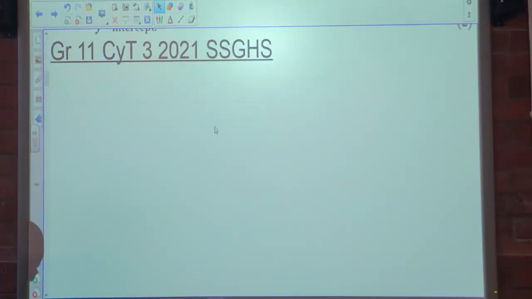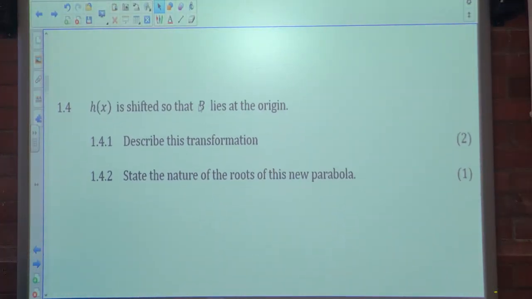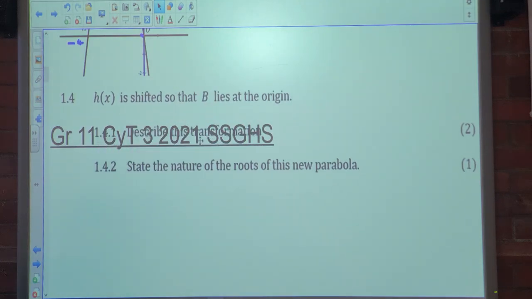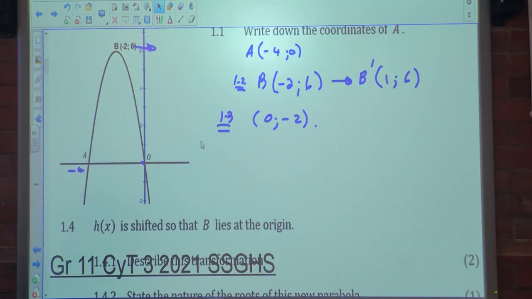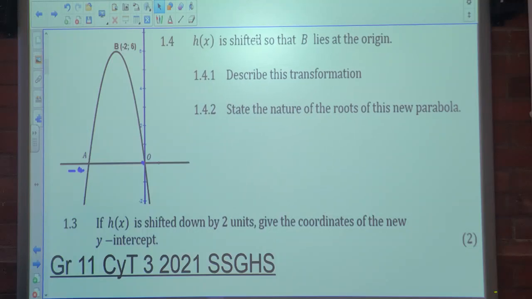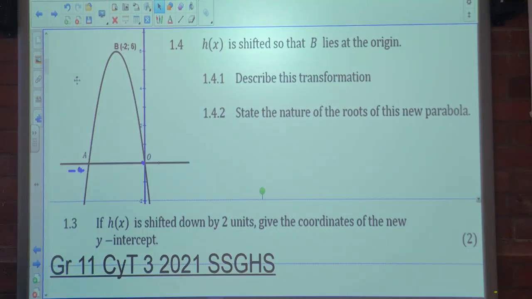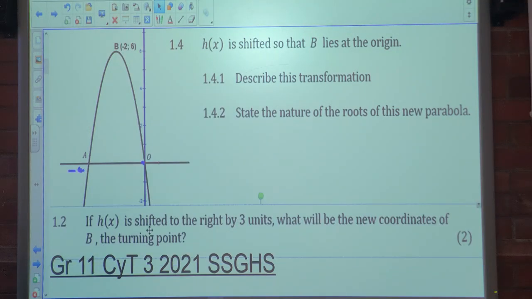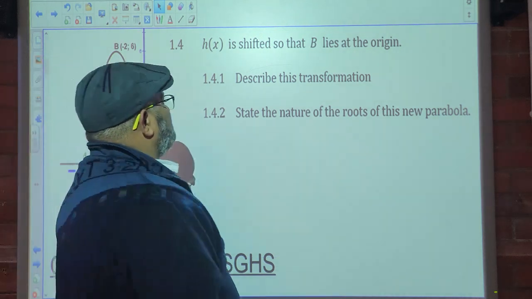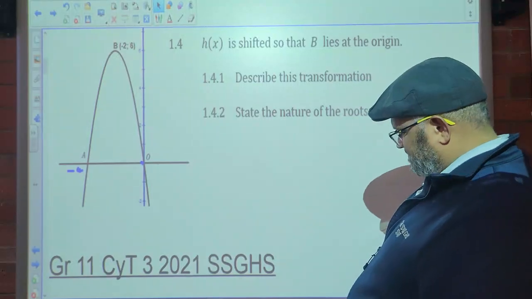Look at the next question, 1.4. A lot of transformation questions coming up here, right? If h of x is shifted so that B lies on the origin.